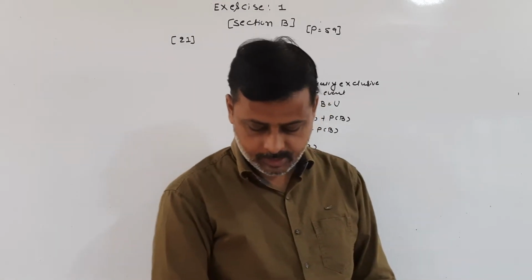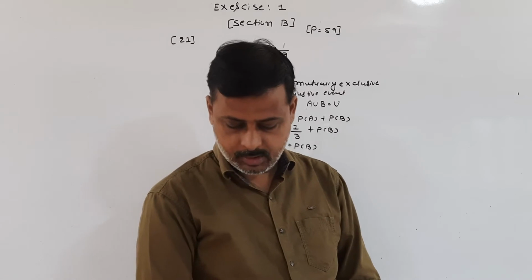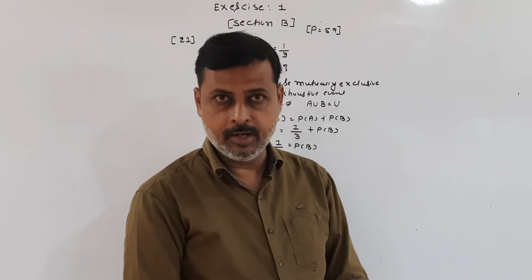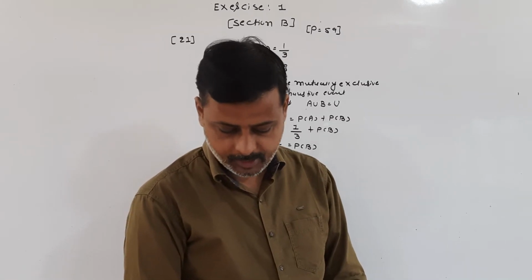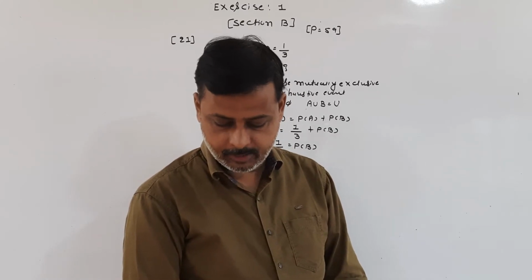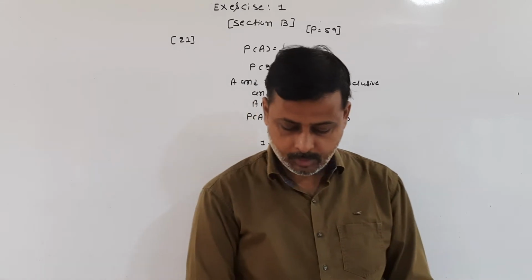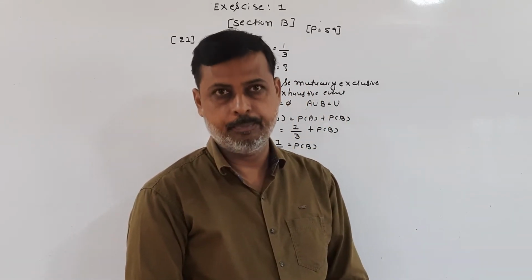Now example number 22. 2% items in a lot are defective. What is the probability that an item randomly selected from this lot is non-defective? So 2% are defective items.